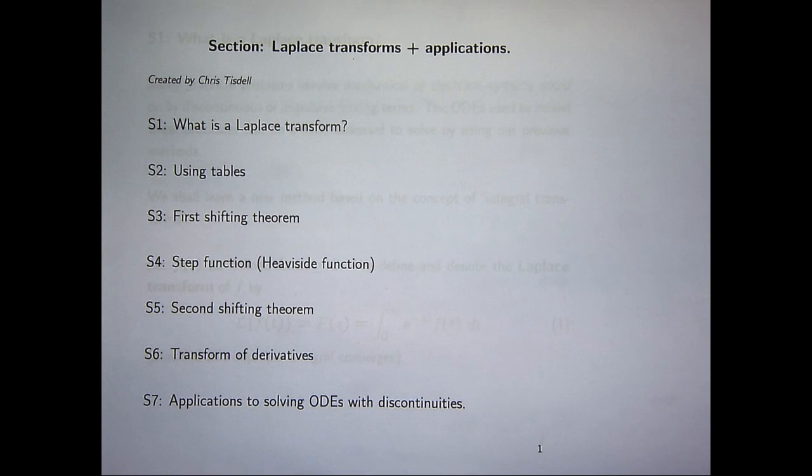And you might think, well, I already know how to solve those by the method of undetermined coefficients or variation of constants maybe. Well, one of the big advantages with Laplace transforms in the ODE environment is that the calculations can be simplified greatly.